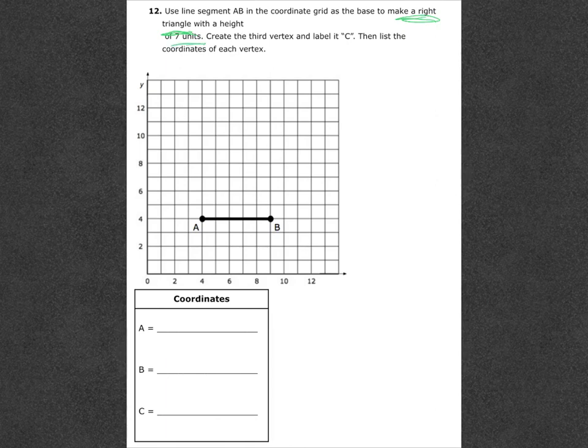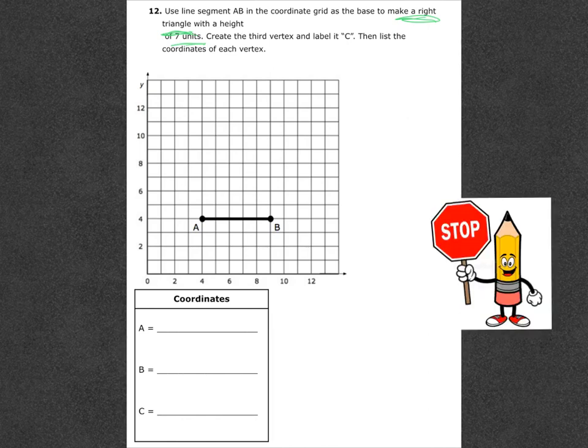So remember the shape of our right triangle, where your height needs to be 7 units. So label that third point wherever you choose to draw it. There are a couple options. Label it C, and then solve for the coordinates, just like you did with problem 11. Hit pause, solve the problem. When you're ready, hit play and move on to the next.